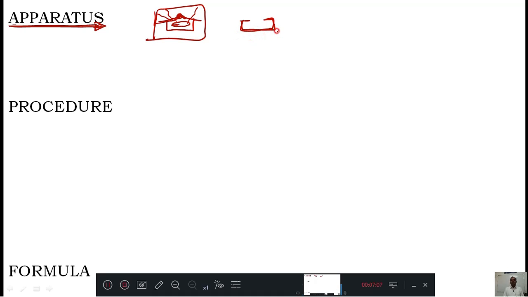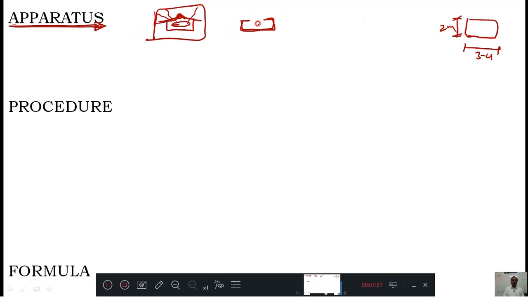The container dimensions will be very small, just like a small kumkum dabbi, about 2 centimeter height and about 3 to 4 centimeter width. This is a circular container.